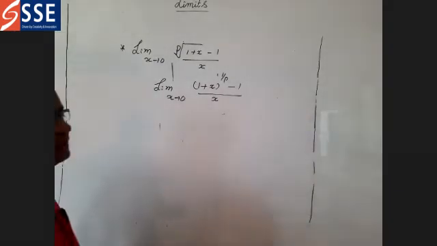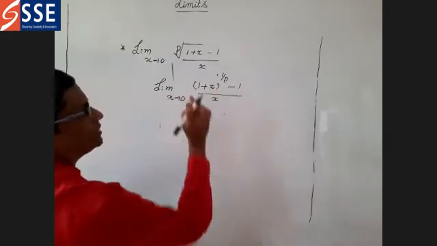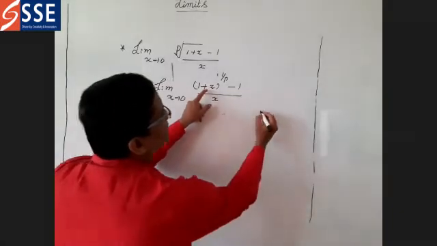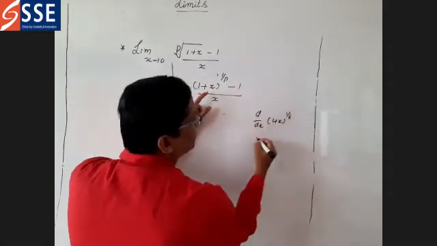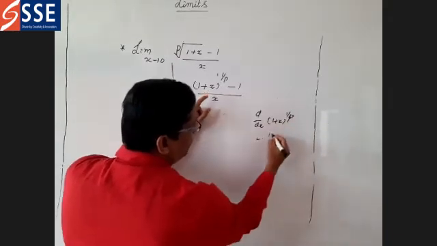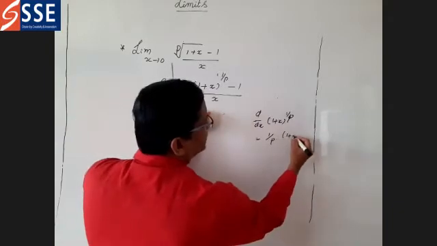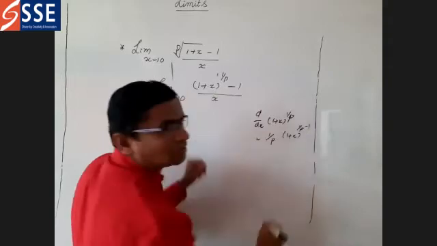See here, now you apply the formula. So what is the limit value of this? Differentiation of (1 + x) whole power 1/p. Here d/dx of (1 + x) whole power 1/p is 1/p times (1 + x) whole power (1/p minus 1).